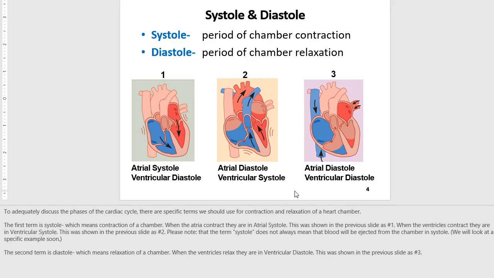That means relaxation of a chamber. When the ventricles relax, they are in ventricular diastole. When the atria relax, they're in atrial diastole. This is shown in the previous slide and here as number 3. So in this case, both the atria are relaxed and the ventricles are relaxed.